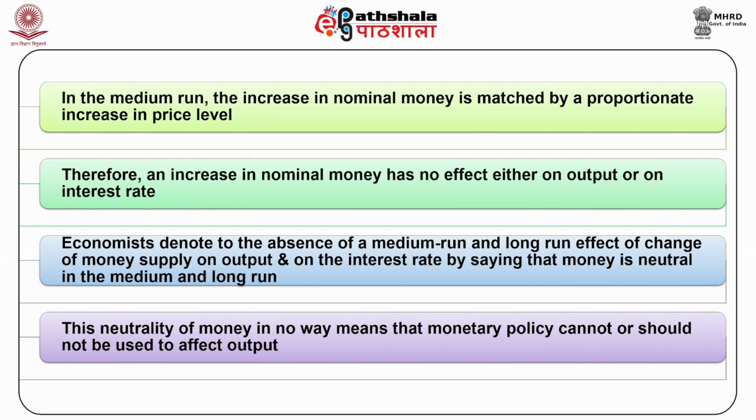Therefore, an increase in nominal money has no effect either on output or on interest rate. Economists denote the absence of a medium run and long run effect of change of money supply on output and on the interest rate by saying that money is neutral in the medium and long run.